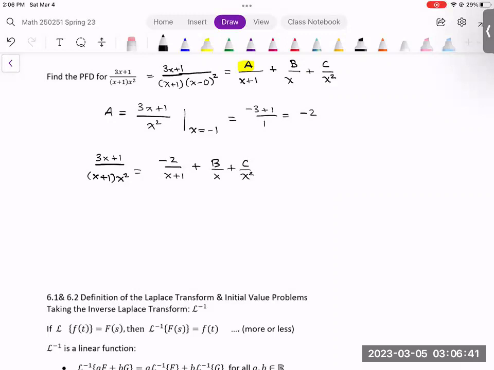We're multiplying both sides by this denominator just to clear it out. So this gives us 3x plus 1 is equal to -2 times x squared plus bx times x plus 1 plus c times x plus 1.